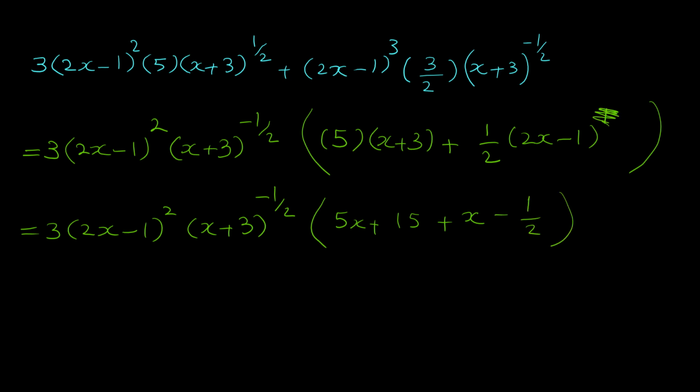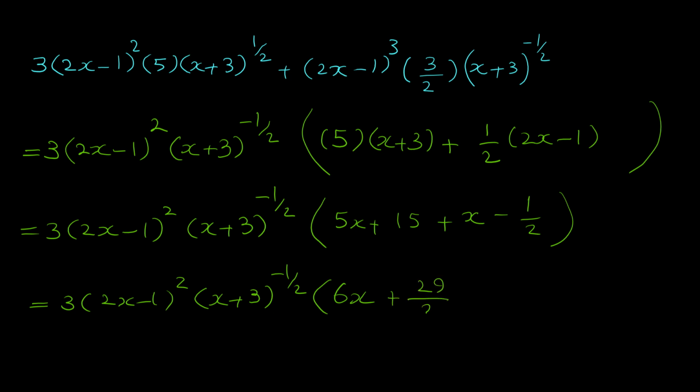Attention, this power 1 is not really necessary to write here. Again, if we multiply a little more inside of the bracket, we can write this in the form of times (x plus 3) to the negative 1/2. 5x plus x is 6x. 15 minus 1/2 is 29 over 2, because 15 is 30 divided by 2, and 30 divided by 2 minus 1 over 2 is 29 over 2.